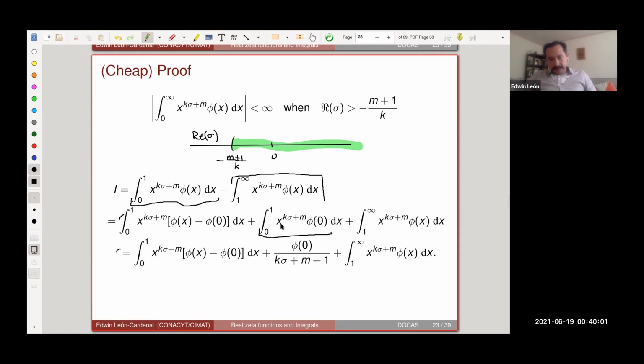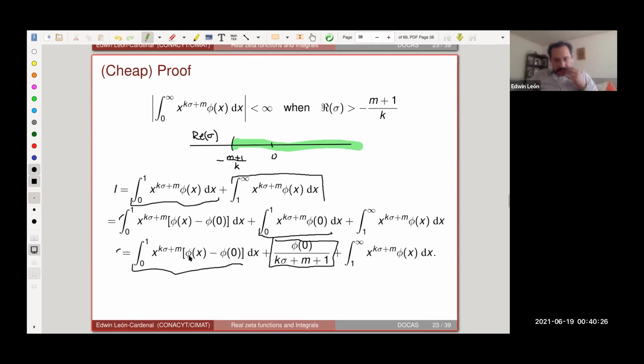We can make this integration in the usual sense, and evaluating, you get this term here. So what happened is that this first term has the following characteristic.